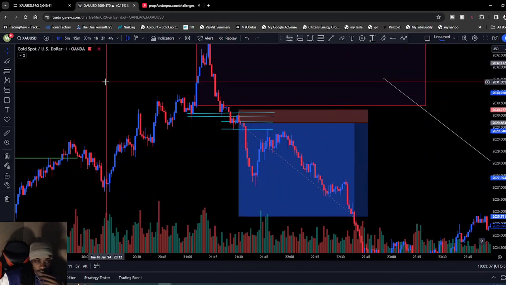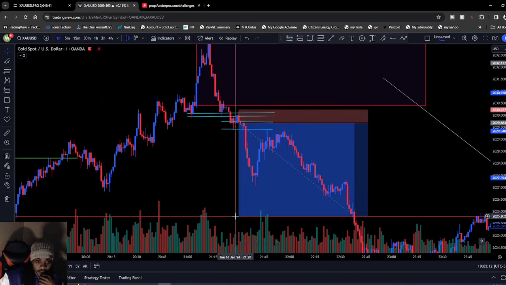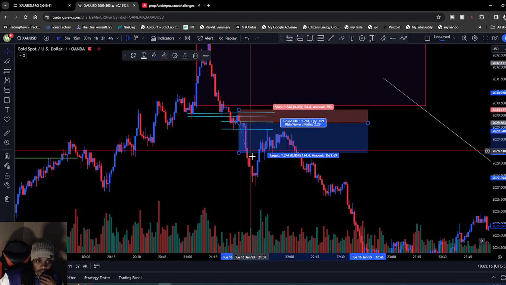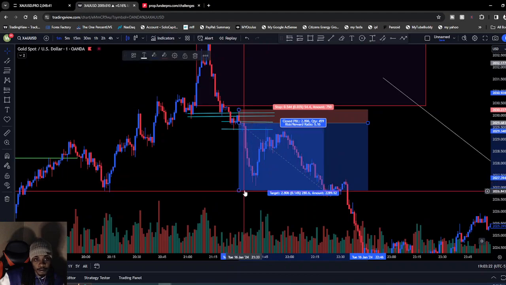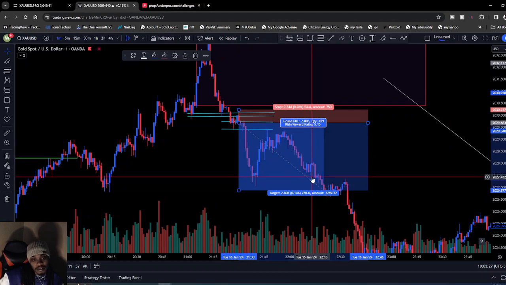And considering the fact that this is the 1 minute time frame, this was what TP if you would have targeted this low. What is like 4 minutes, 5 minutes, 12 pips, risking 5. Or if you want to target this low right here, you would have been in for about a good 15, 20 minutes.